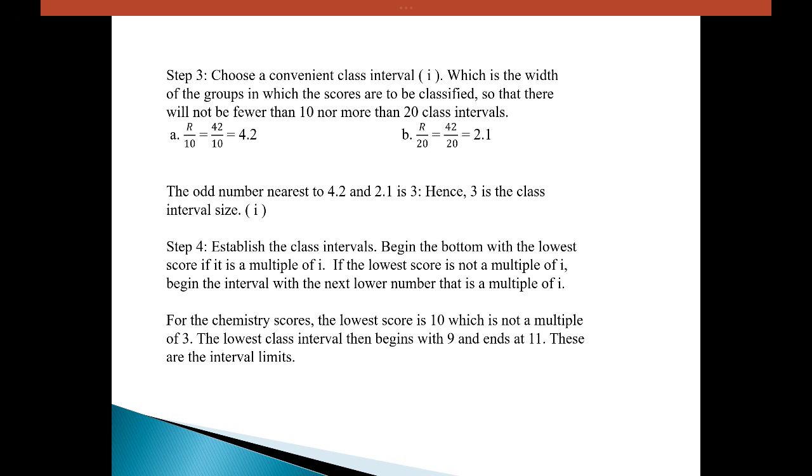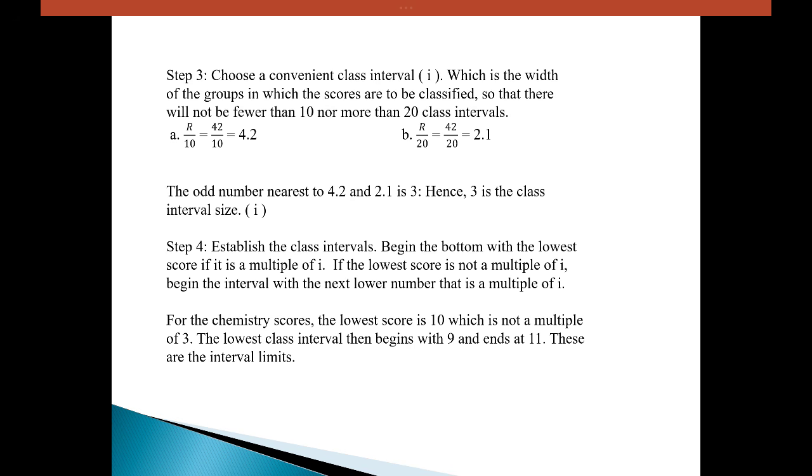It's either 10 or 20. You can divide the range 42 by 10, 4.2, or you can divide it by 20, 2.1. Remember that you want an odd class interval. So what's the nearest odd number between 4.2 and 2.1? It is 3. So your class interval size should be 3 because it's the nearest odd number there.